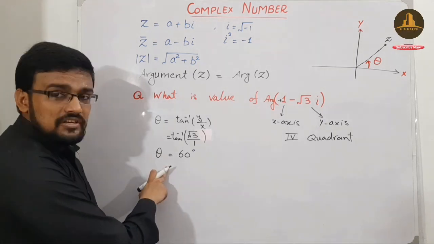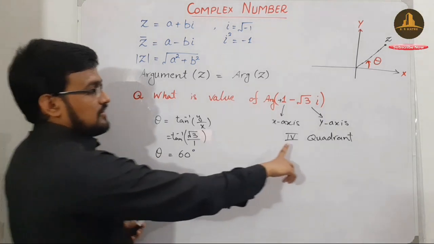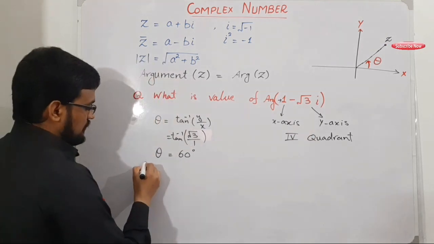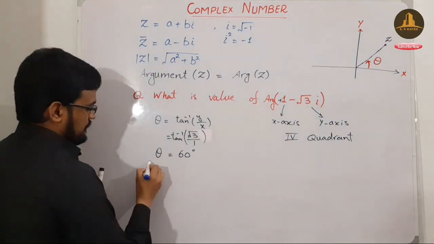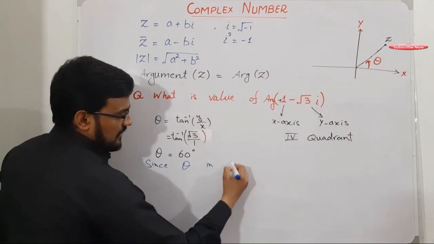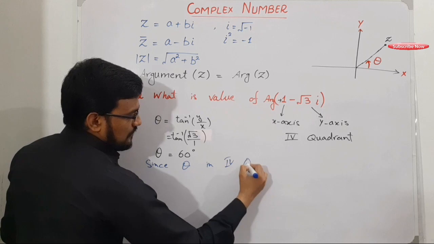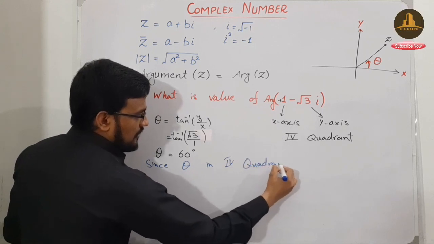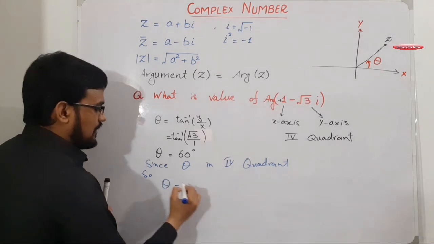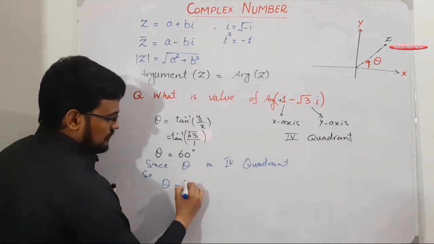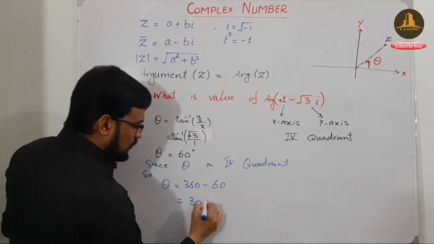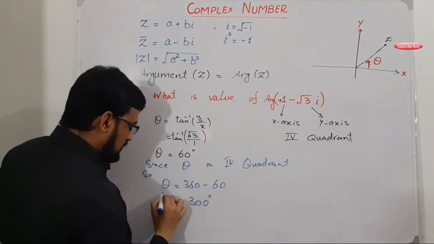Okay, 60 degrees. But the point lies in the fourth quadrant, since the angle is in the fourth quadrant, so the angle will be 360 minus 60, which is equal to 300.